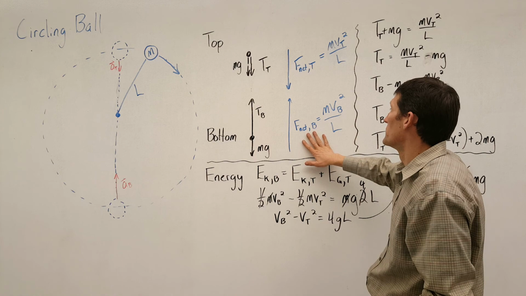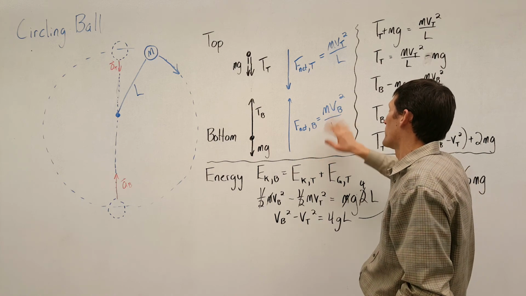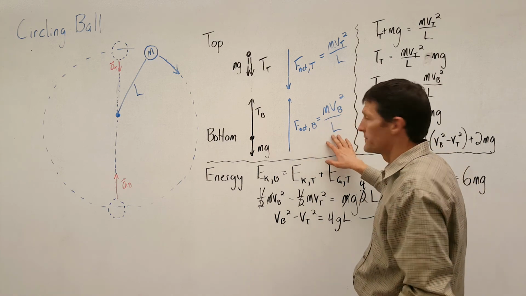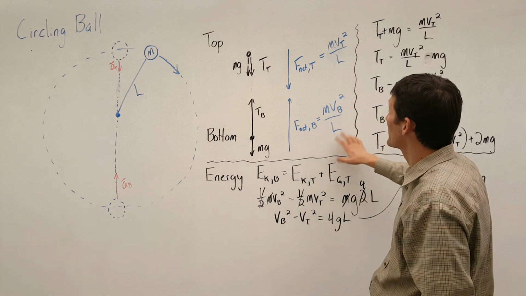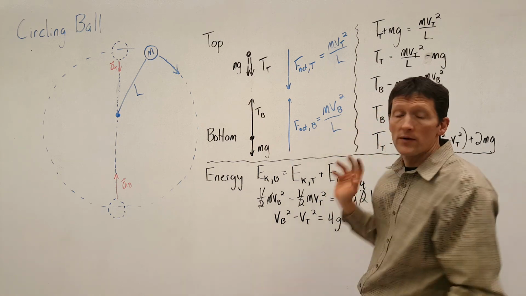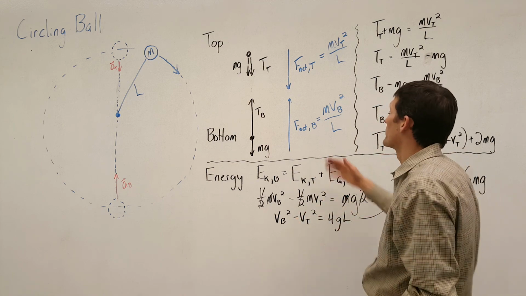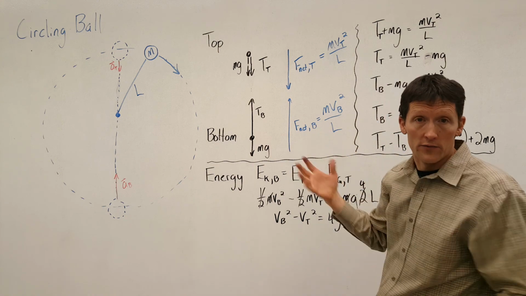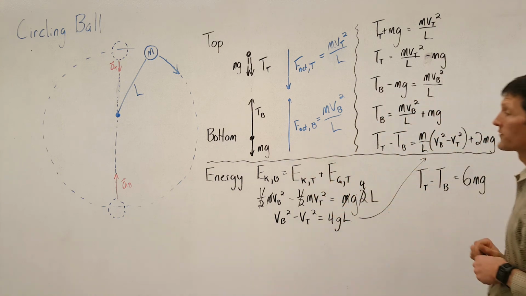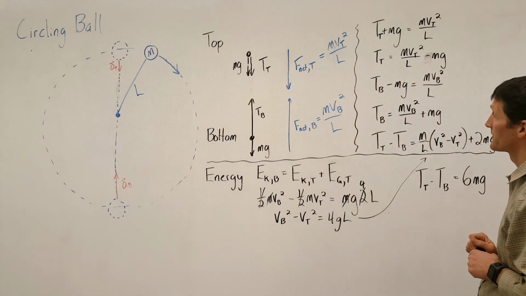It will be equal to the mass of the ball times the speed at the bottom squared, divided by the length of the string. And notice one thing I'm trying to do here is keep my subscripts to make it really obvious whether I'm talking about the quantity at the top or the quantity at the bottom, because those are the two instants in time that I'm trying to differentiate in this problem.